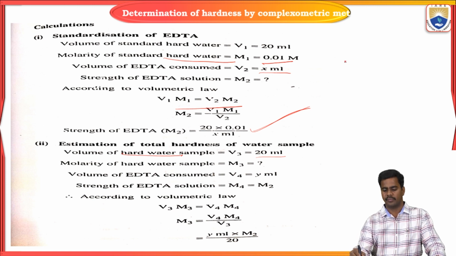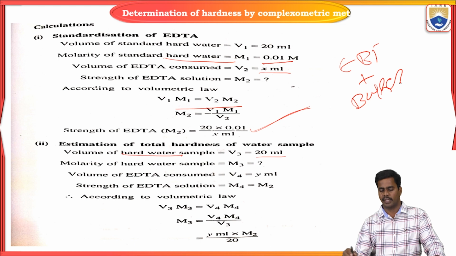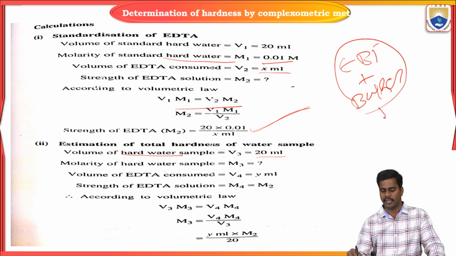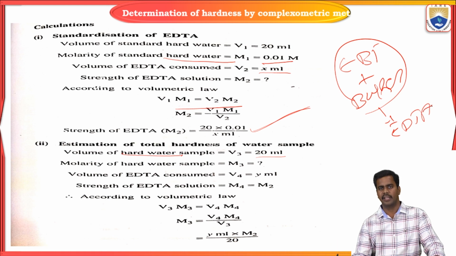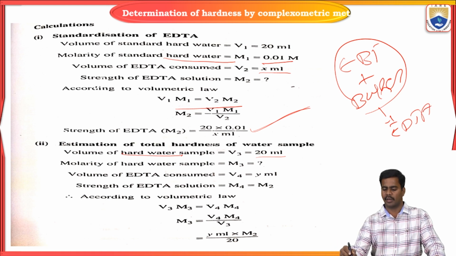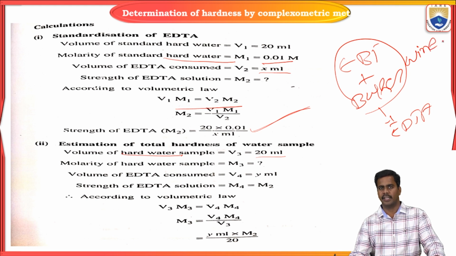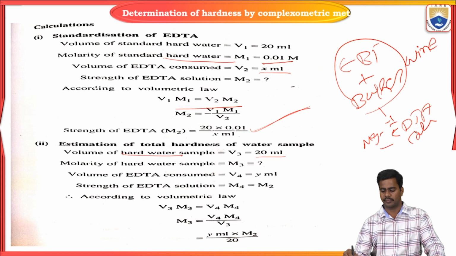Again, to that add a few drops of EBT indicator plus buffer solution, and it is titrated with EDTA until the color changes. Initially the color of the complex is violet. When you are adding EDTA, at a certain point that color is converted into colorless. Your magnesium EDTA complex is formed.